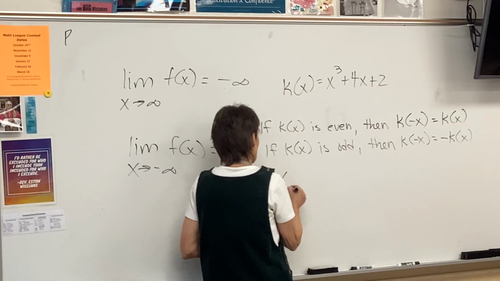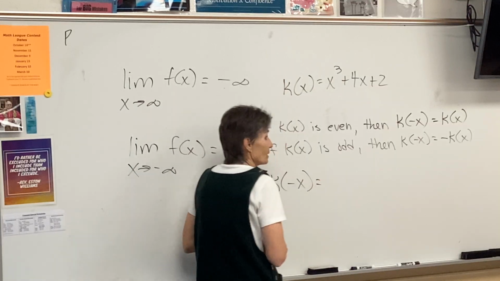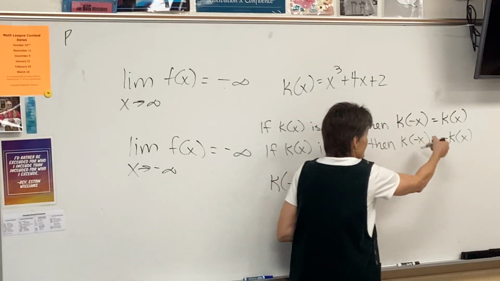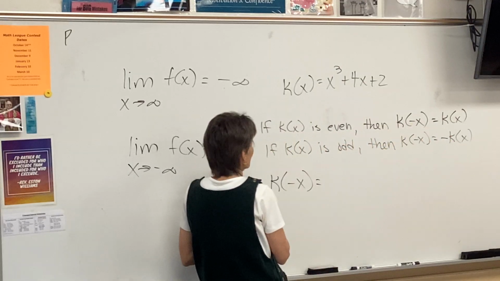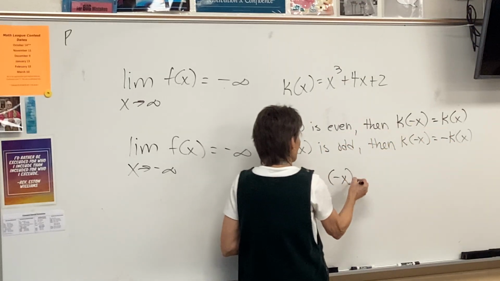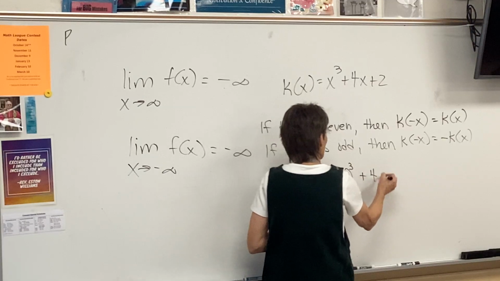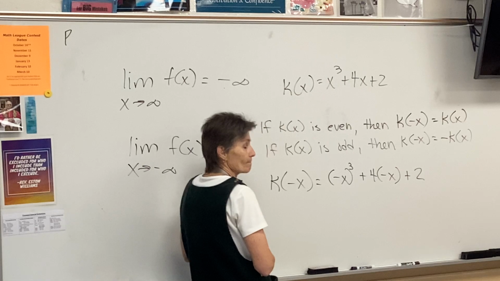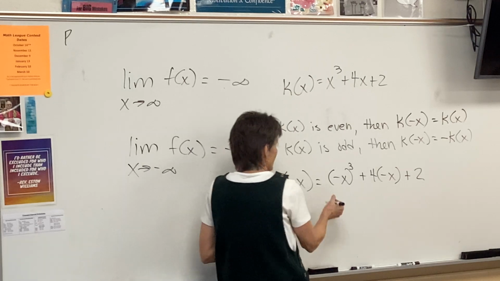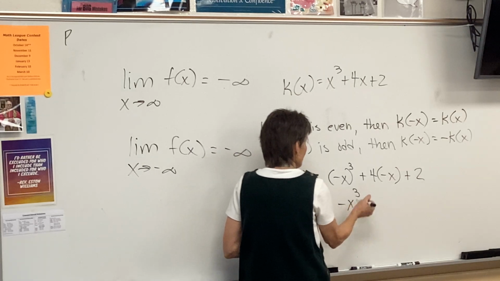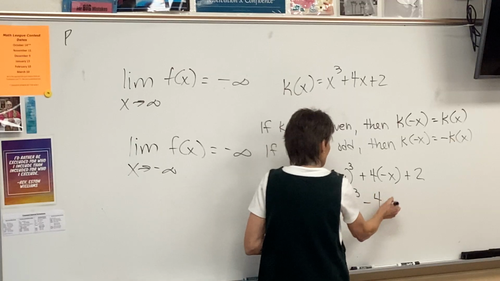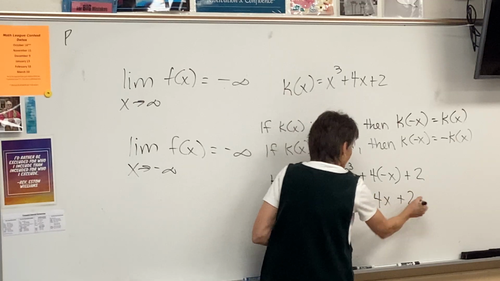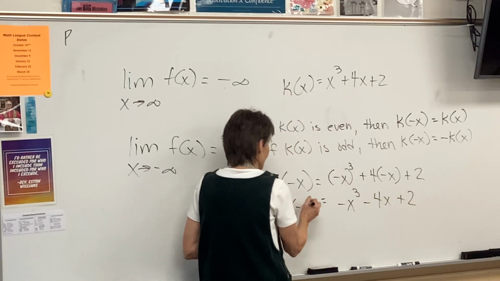So let's find k of negative x, because that kind of is the hinge here. So k of negative x would be negative x cubed plus 4 times negative x plus 2. Negative x cubed minus 4x plus 2. That's k of negative x.